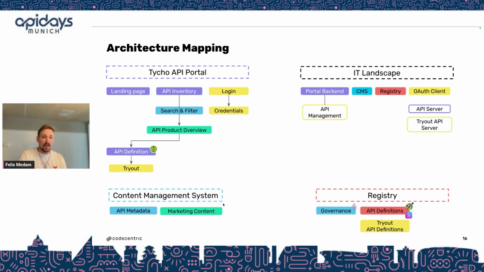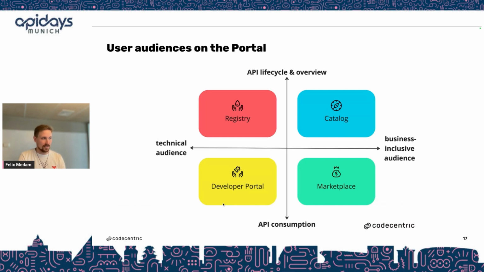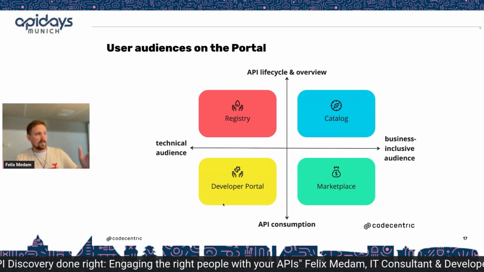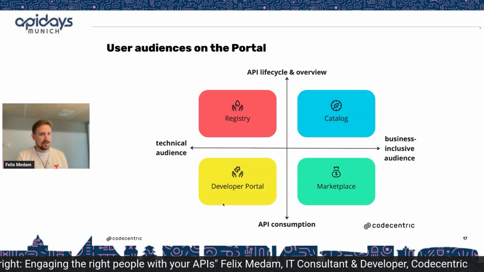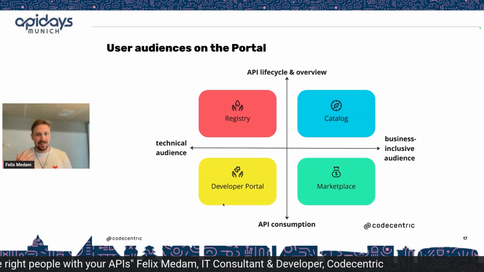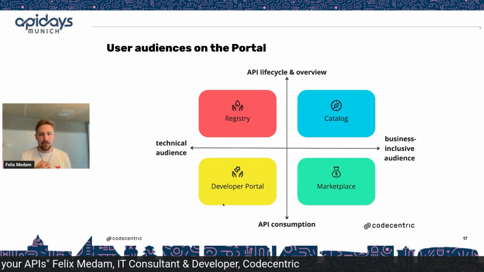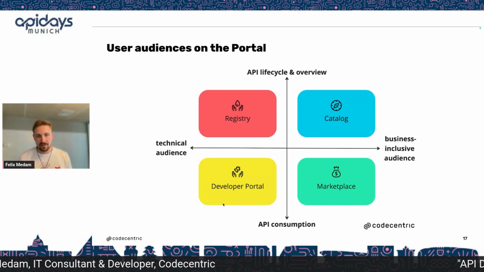But you can also do another thing with the audiences. As I said before, they map towards specific audiences, and surprise, surprise, these match quite nicely with our portal personas.